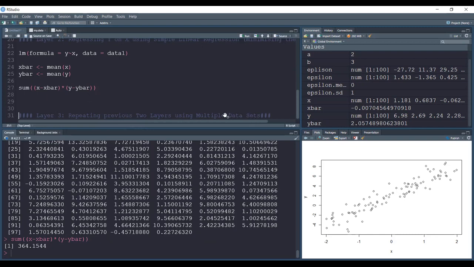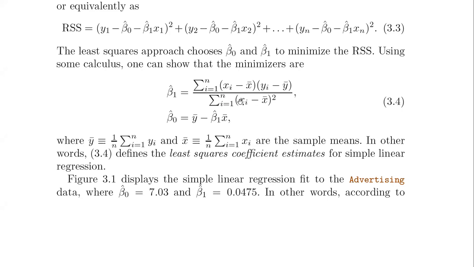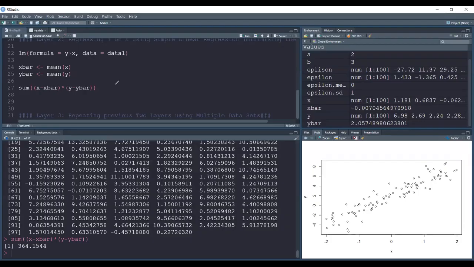And the denominator is basically the same thing, but instead of multiplying by y minus y bar, it's this times itself. So that shouldn't be too difficult. It's just this times itself.